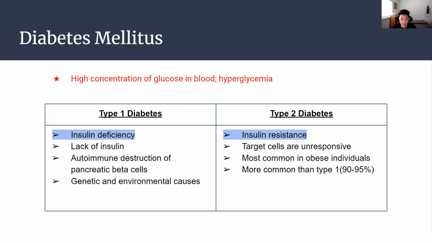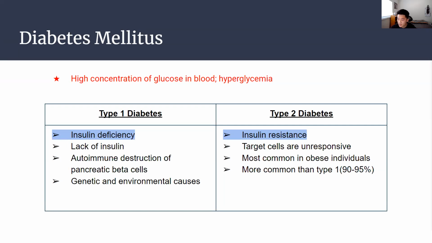Now, on the other hand, type 2 diabetes is characterized by insulin resistance. Insulin resistance means our target cells are not responsive to insulin in the way that they should be. They're resistant to insulin. That's in a type 2 diabetic.